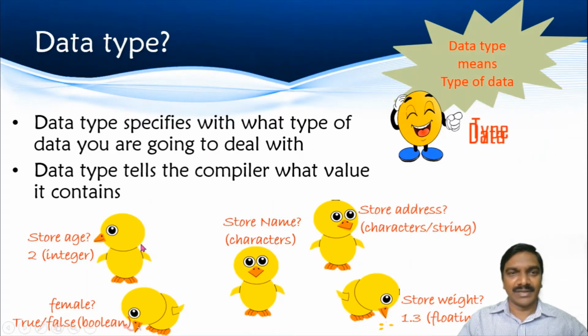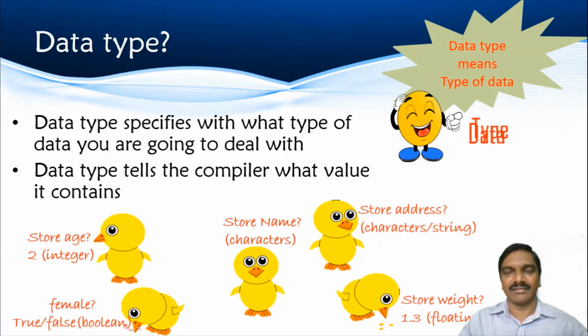For example, if you want to store your age, generally 18 years or 19 years, which is a number, in order to store a number without decimal point, we use an integer, declared as int. Then if you want to store your name, generally in our name we don't have any numbers.